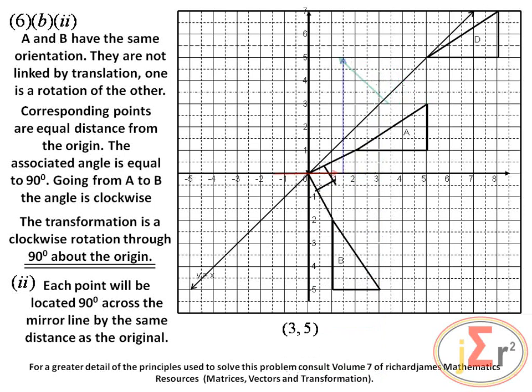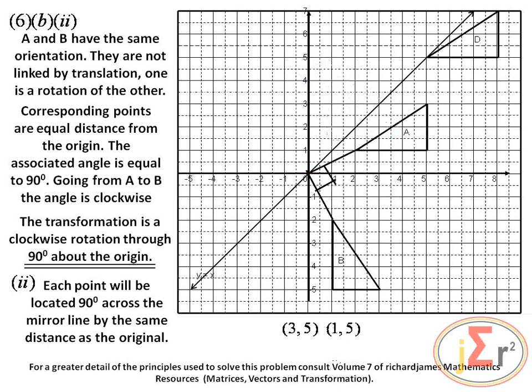We are going to do that for another vertex by going perpendicular to the mirror line, and of course the same distance on the other side. So we are going to take a look at that. 1 unit in the x direction, 5 units in the y direction. So that is (1, 5).